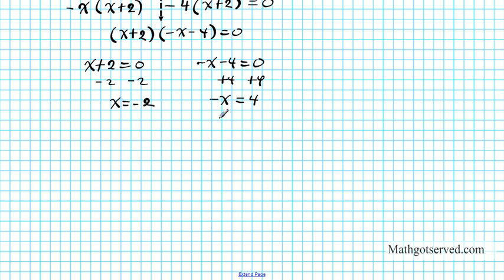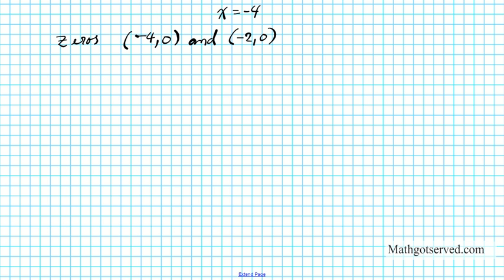And then divide by negative 1 on both sides. Divide by negative 1 to get rid of that negative. So we have x equals negative 4. All right, so our zeros expressed as points are negative 4, 0, which is the first one, and negative 2, 0. All right?